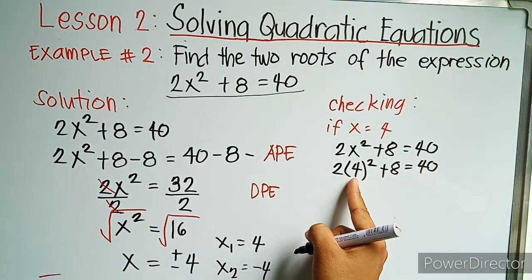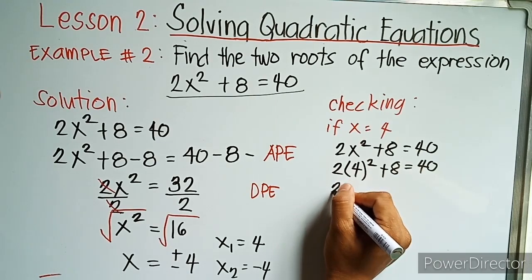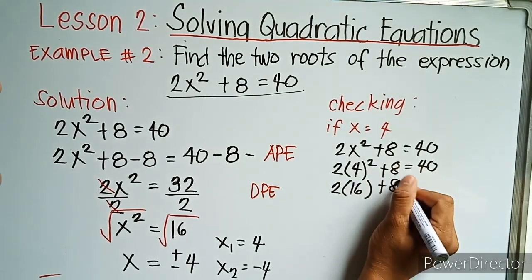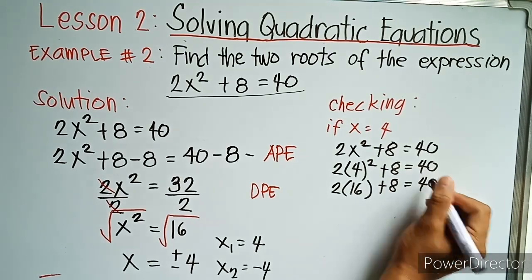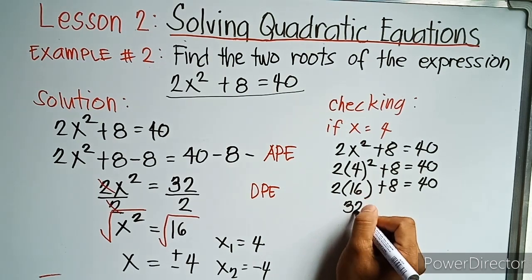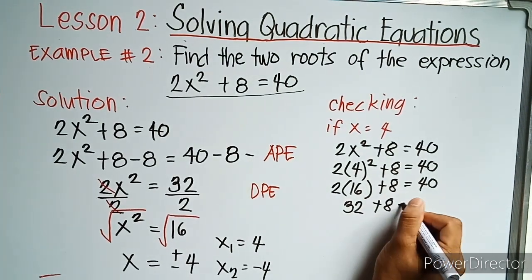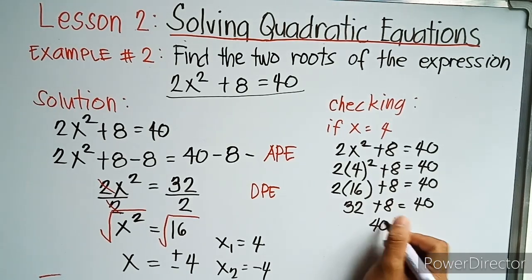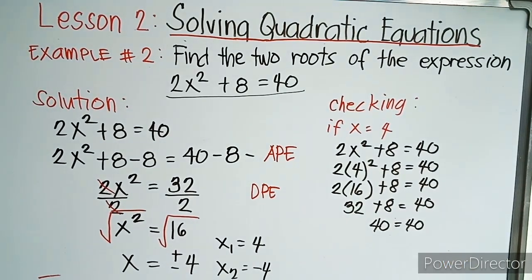What is 4 times 4 or 4 squared? So, 2 times 16 plus 8 equals 40. 2 times 16, that is 32 plus 8 equals 40. 32 plus 8 is 40 equals 40. So, therefore, our first solution is positive 4.